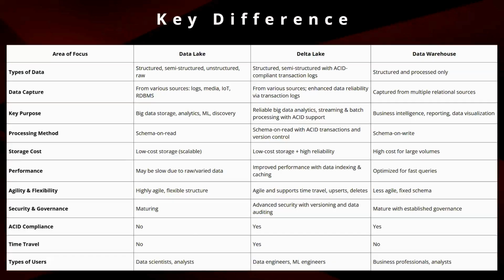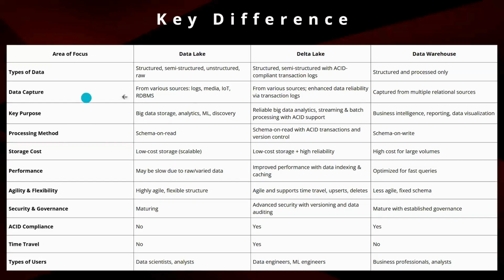So now let's see what is the difference with the key points. Type of data: data lake provides structured, semi-structured, and unstructured and raw form of data, whereas the delta lake provides or keeps structured, semi-structured data with ACID compliance transactional logs. And in data warehouse, it only keeps the structured and processed data.